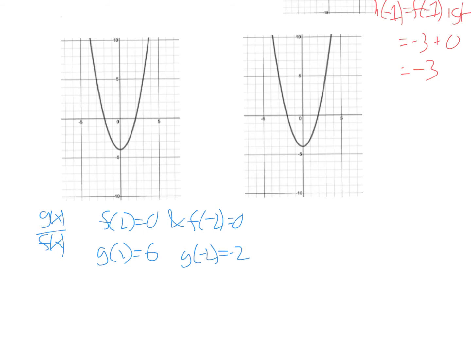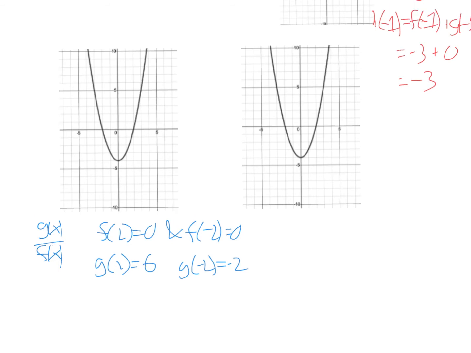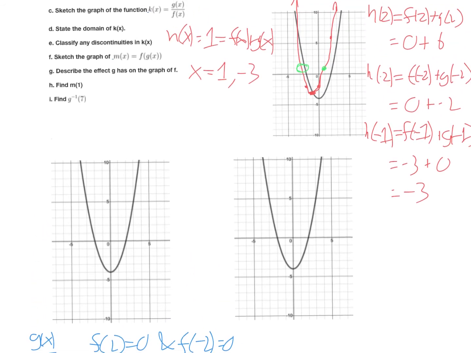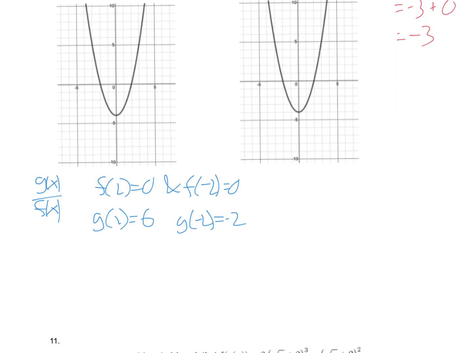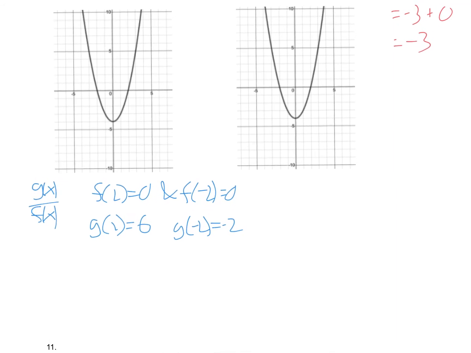So I'm going to have 6, let's say, wait, what did we call this? Is this function k? Yeah, k. So k of negative 2 is going to equal negative 2 over 0, and k of 2 is going to equal 6 over 0.